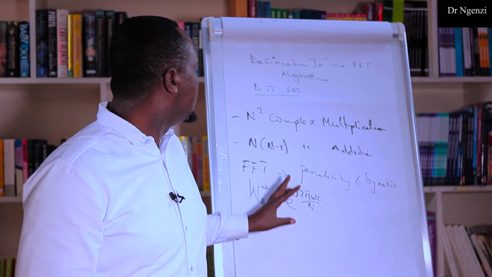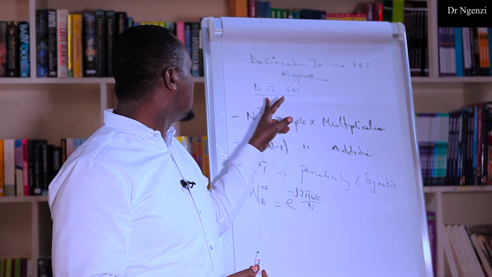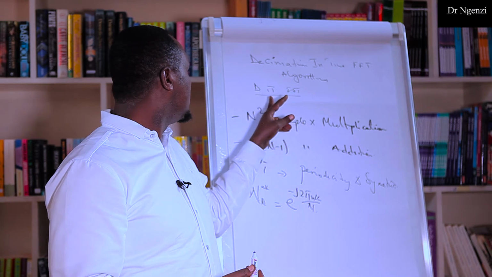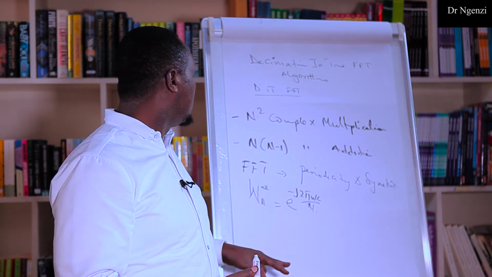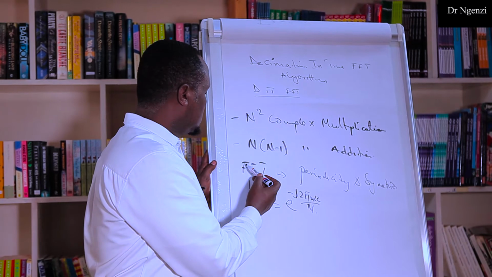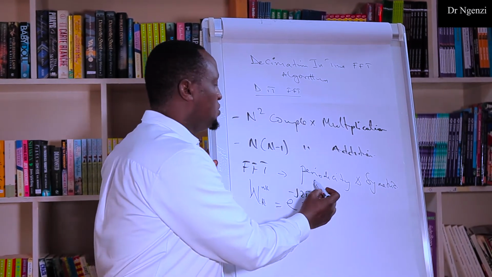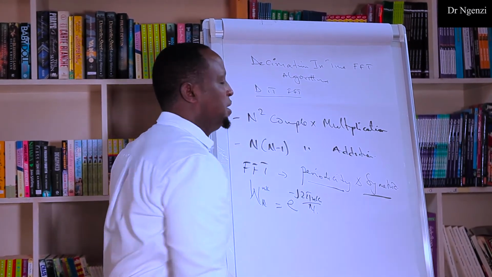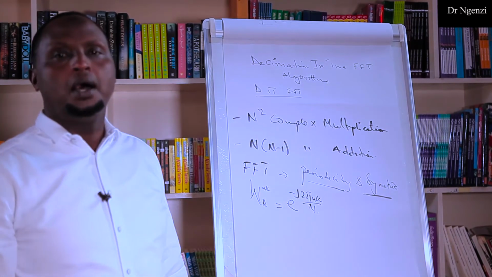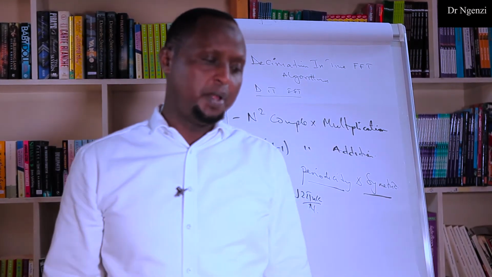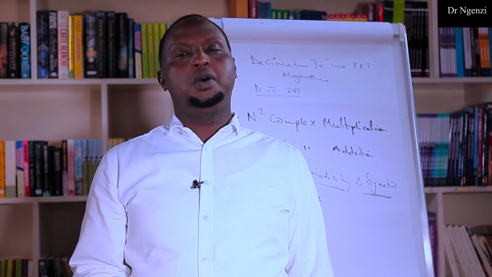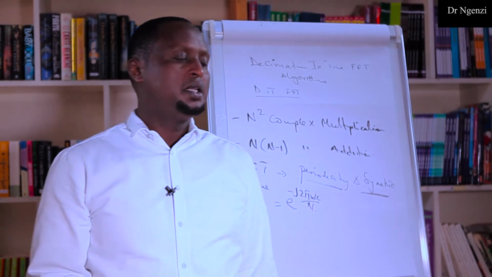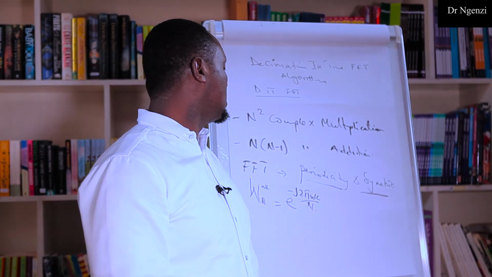So decimation in time domain uses this algorithm, whereby we use these two properties to overcome the problem. If you recall, last time we discussed the symmetric and periodic properties.